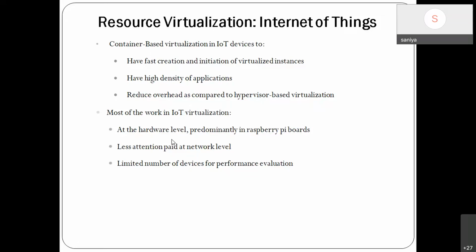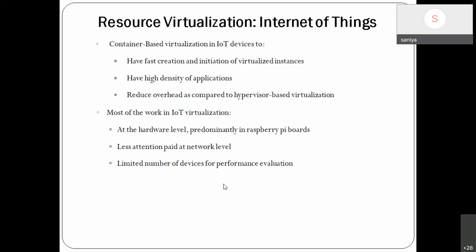Less attention has been paid at the network level. If we talk about IoT, there is less attention at the network level. However, some work has been done at the node level, and that too with container-based virtualization. A limited number of devices are also used for performance evaluation. That's a drawback.